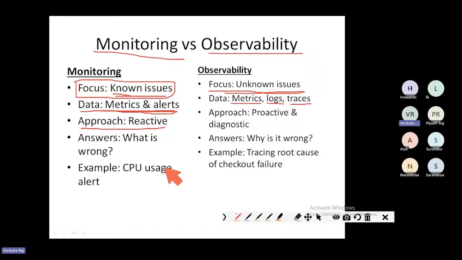For monitoring is reactive. But in case of your observability, guys, your approach is proactive and diagnostic. Now, when you go for any blood tests, whatever blood test you went for, you get a report, you get the numbers.